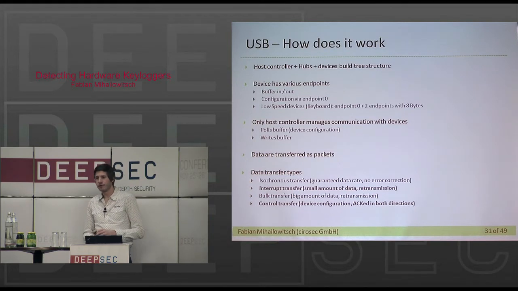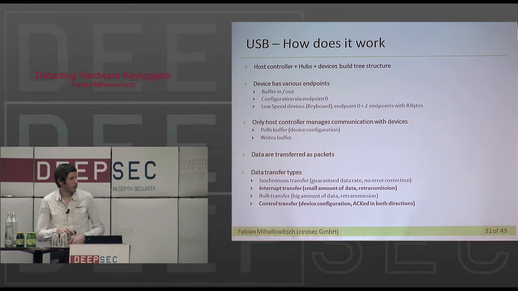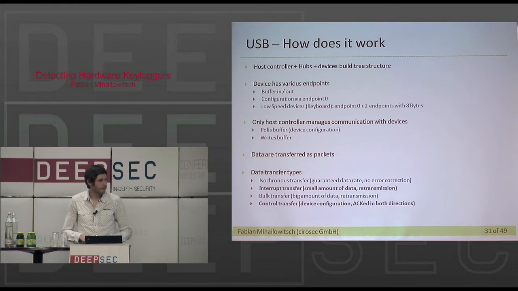And the data for USB are transferred as packets in 4 different transfer types. Interesting for us are only interrupt and control transfer. You basically have isochronous transfer and bulk transfer too, but we will just skip them. Interrupt transfer is used once a key is pressed and it is sent to the system.